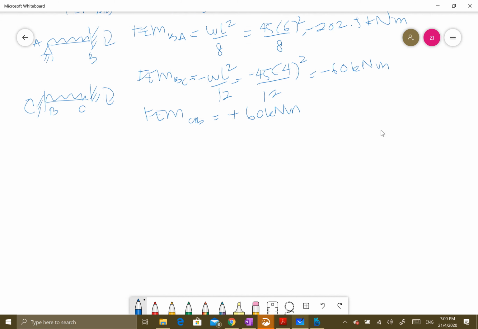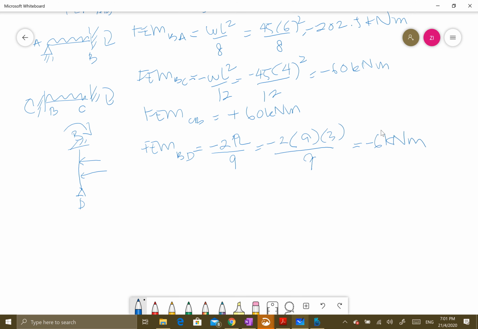And the last one, which is BD, okay, so FEM BD equals to negative 2 PL over 9 equals to negative 2 times 9 times 3 over 9. So you get your FEM as negative 6 kilonewton meter.